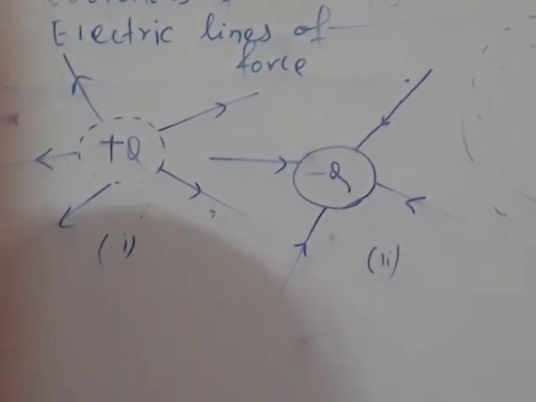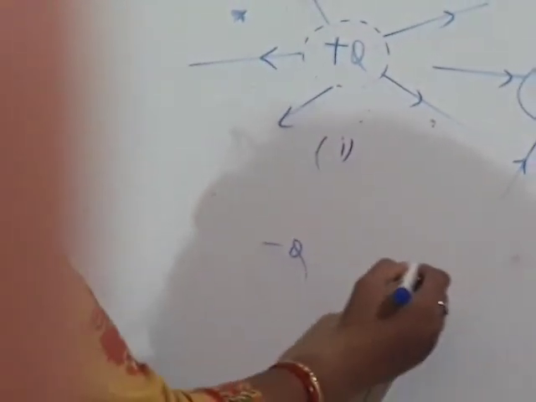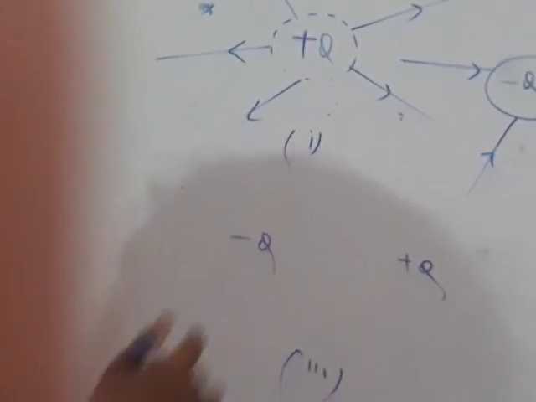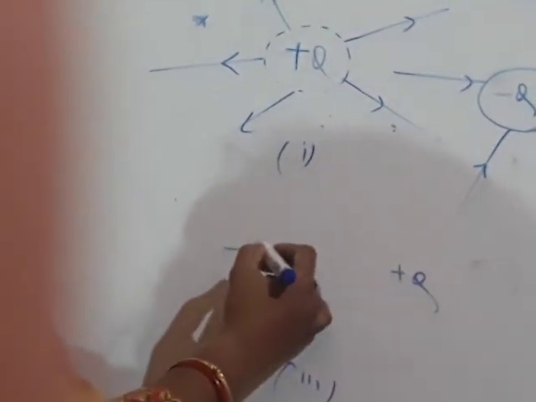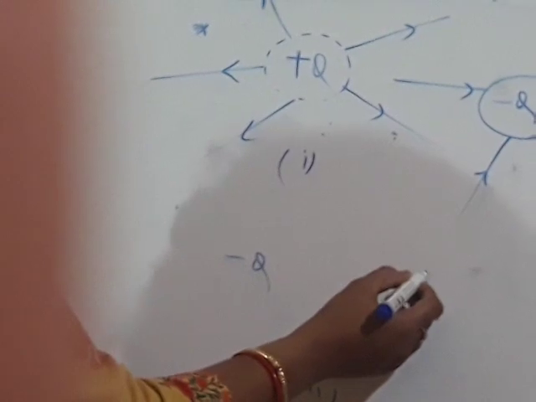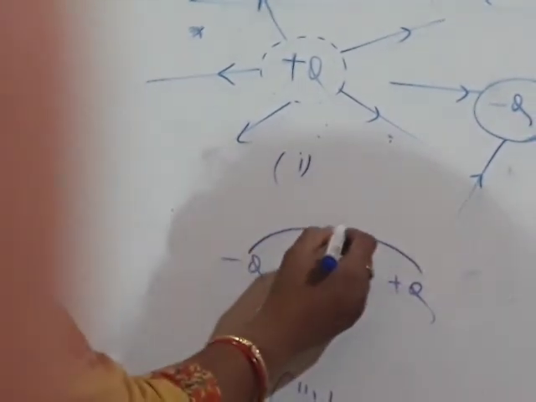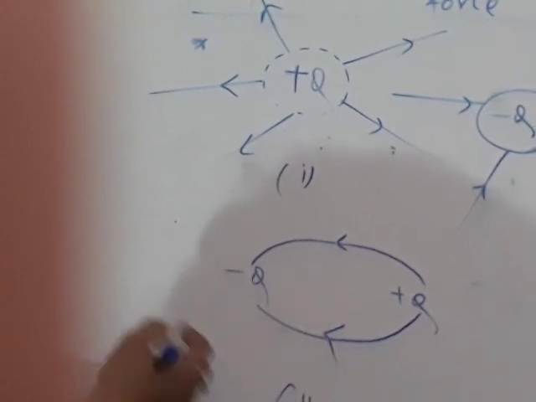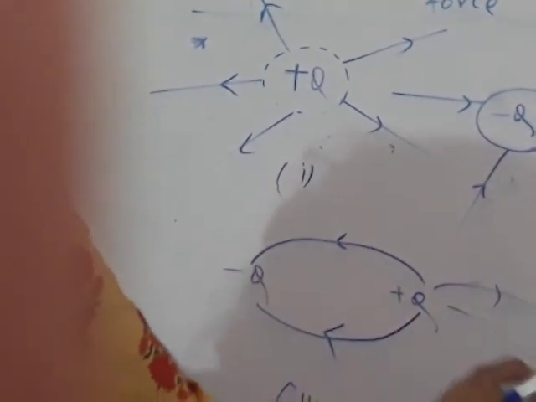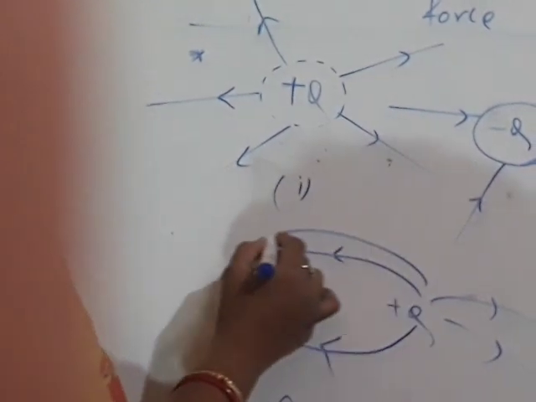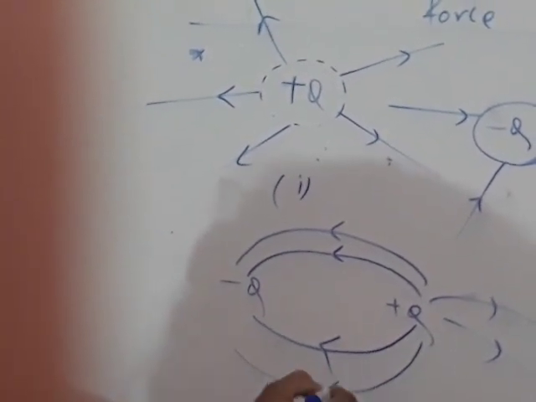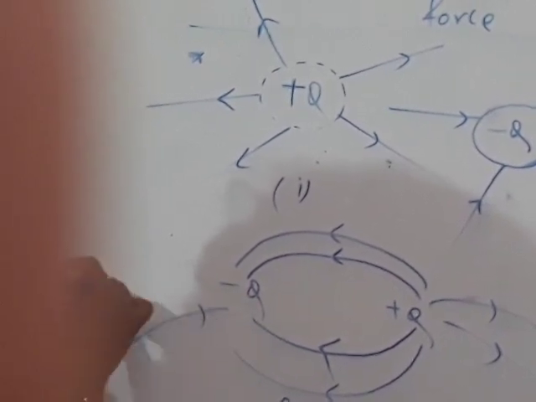And if minus q and plus q charges are placed together, then the lines of force are curved lines. They move away from the positive charge and move towards the negative charge.